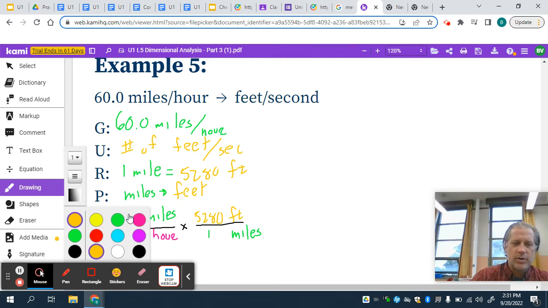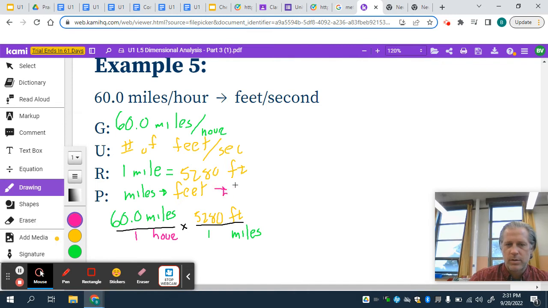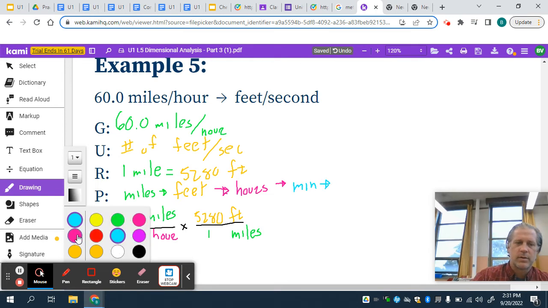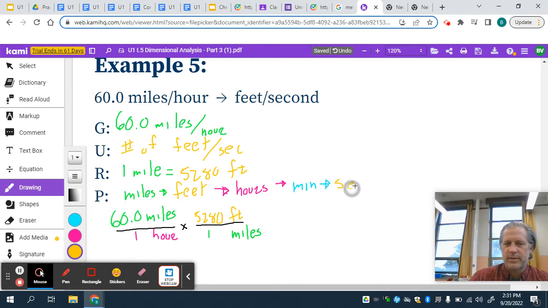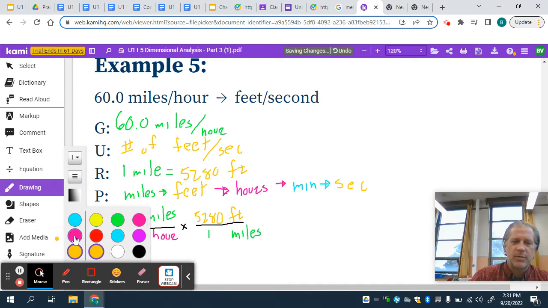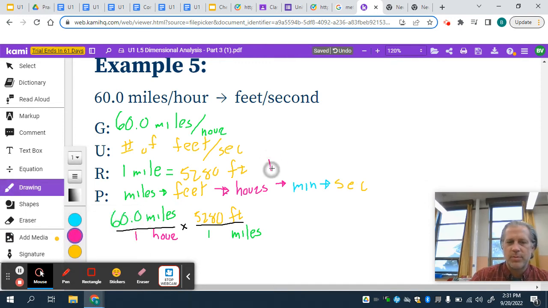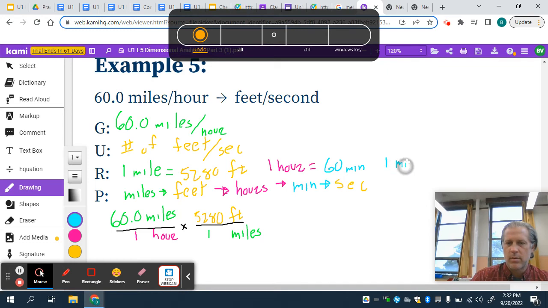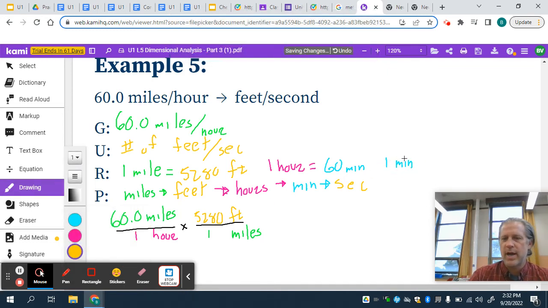So we're going to change hours to minutes and minutes to seconds. So that means that we need to have some relationships. So we need to know the relationship that 1 hour is equal to 60 minutes. And we need to know that 1 minute is equal to 60 seconds.